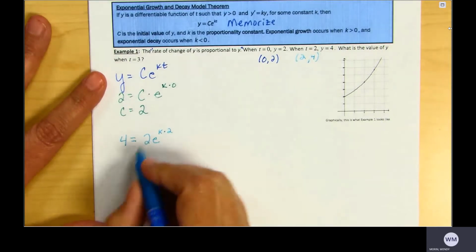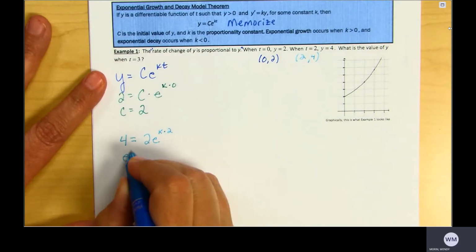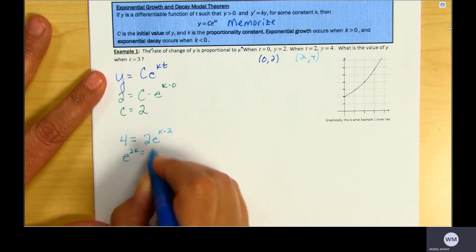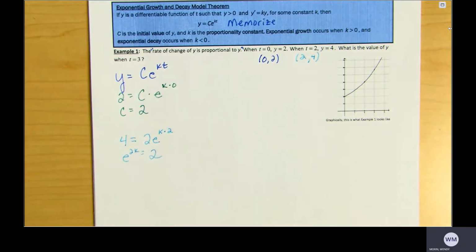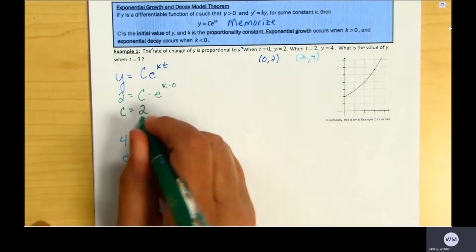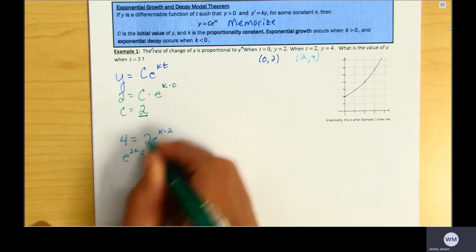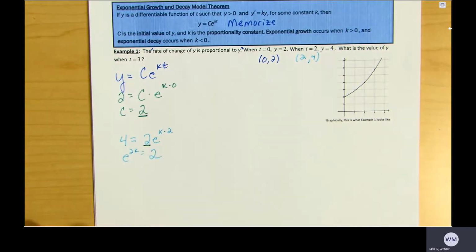And that's basically telling us that e to the 2k is 4 divided by 2. We're trying to find k. Oh, and if you didn't realize, I'm sorry, I skipped right over this. This 2 right here is this 2 right here.